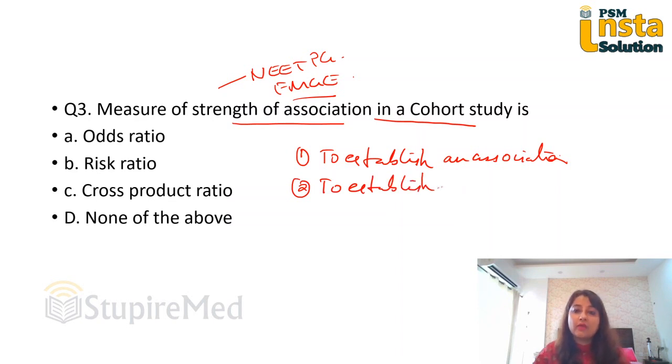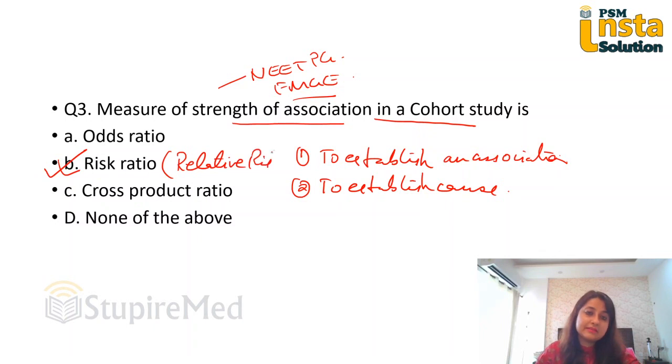So now, the measure of strength of association in a cohort study is given by risk ratio. Risk ratio is nothing but, the other name for it is relative risk.